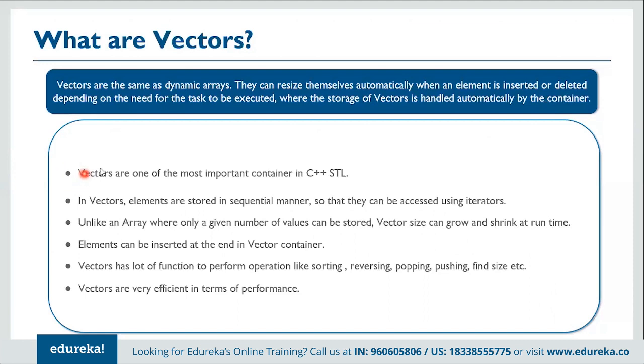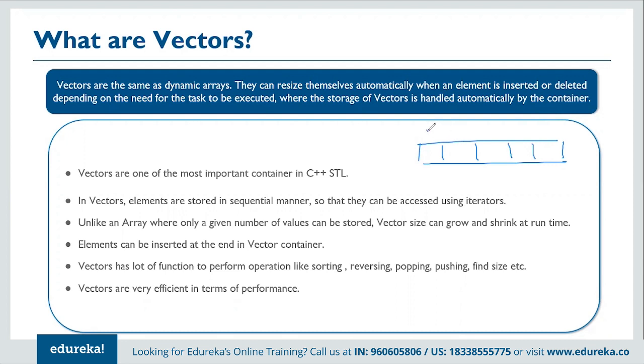So let us look at some important points of vectors. Vectors are the most important container in the C++ standard template library. In vectors, elements are stored in a sequential manner, so they can be accessed using iterators. Sequential manner means, let's say if this was an array, or let's say blocks, and these blocks are put next to each other.